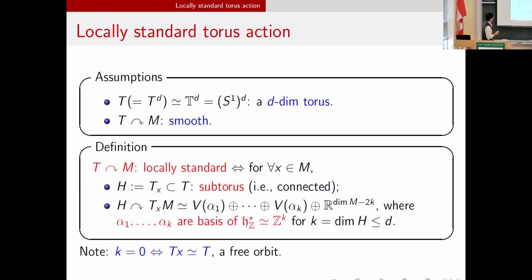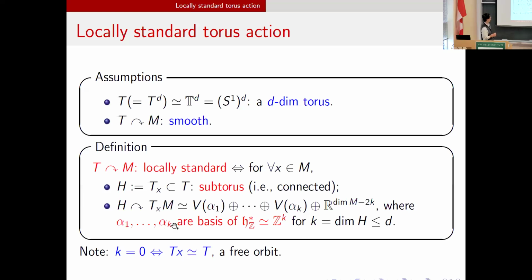The second condition concerns the isotropy subgroup H fixing the point X. The action is lifted to a linear action on its tangent space T_X M, and this splits into a non-trivial part, V_alpha_1 to V_alpha_K, and a trivial part of dimension dim M minus 2K. The non-trivial part can be represented by one-dimensional representations alpha_1 to alpha_K, which form a basis of the character lattice of the dual of the Lie algebra of H. If the dimension of H is K, then we can take alpha_1 to alpha_K as this basis.